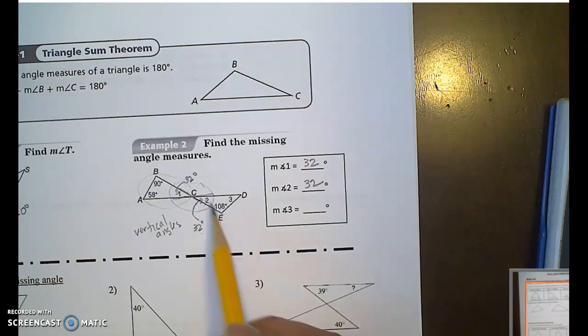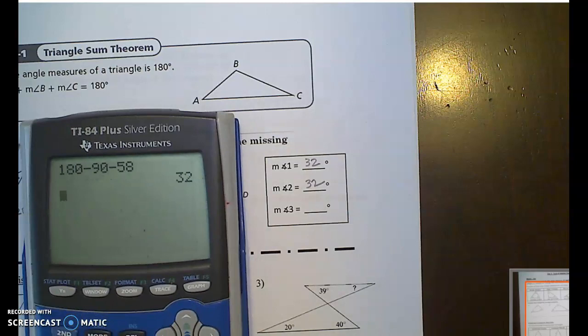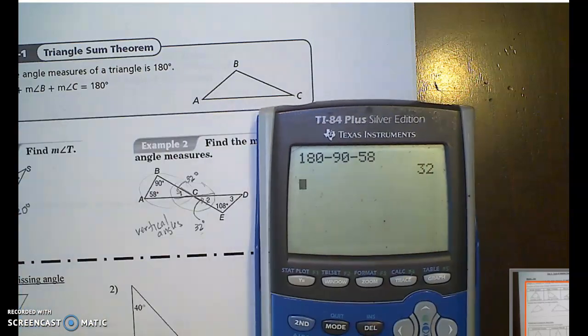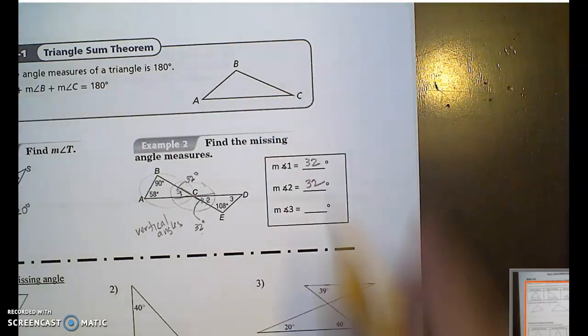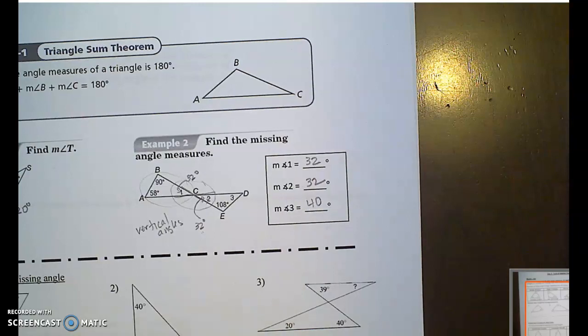Now that we have 2 of the 3 angles for this triangle, again using our calculator, we're going to take 180 minus 108 minus 32 equals 40. So there is the measure of angle 3, 40 degrees.